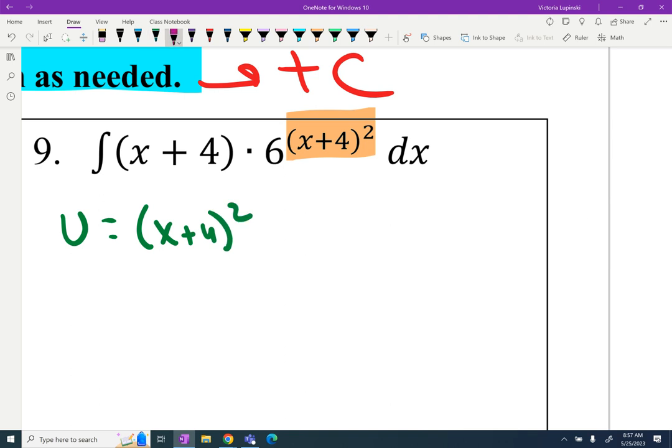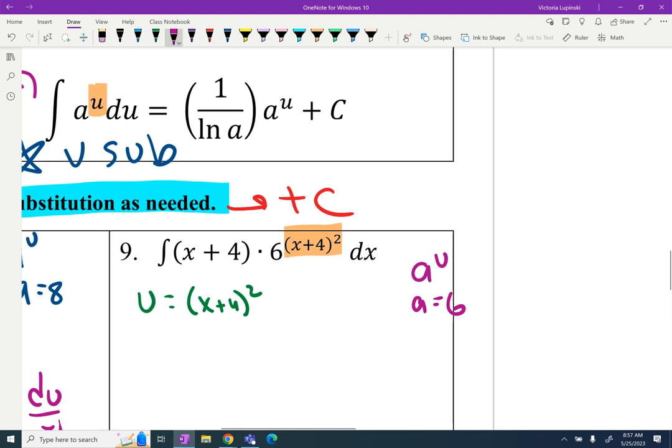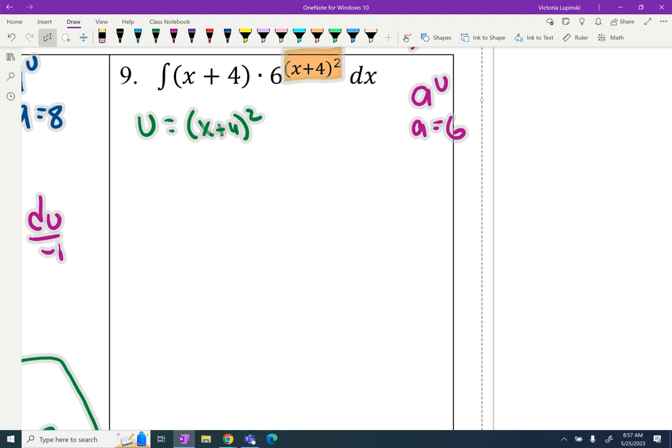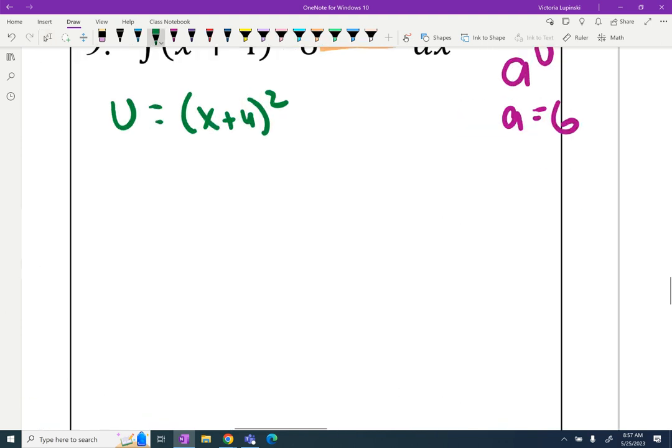And again, over on the side, you are going to integrate this as a to the u, where a is equal to 6. We're again using this formula here because it's a u instead of an x. When I now go to take the derivative of u, you're going to bring down the 2. Take the x plus 4 to the 1 less power.